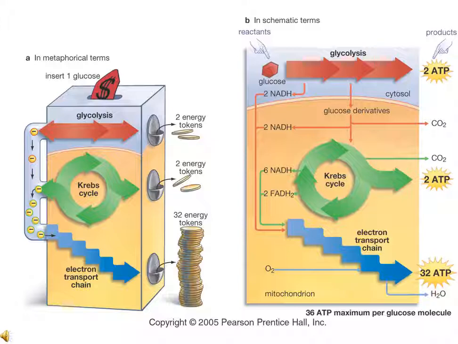We see that on the left there are a variety of electron carriers. NAD, more NAD, 6 NADs, 2 FADs. All of these are electron scavengers.